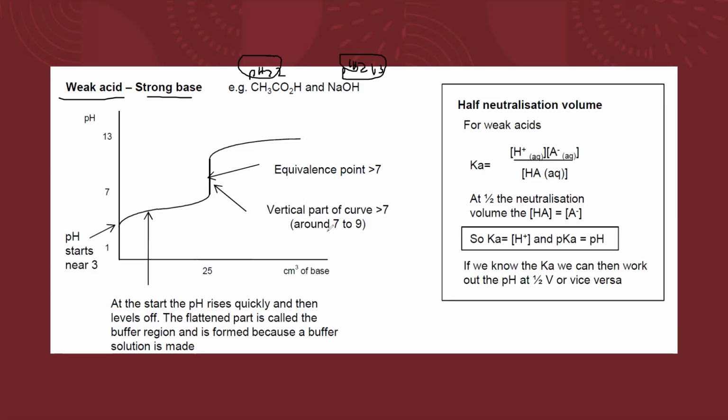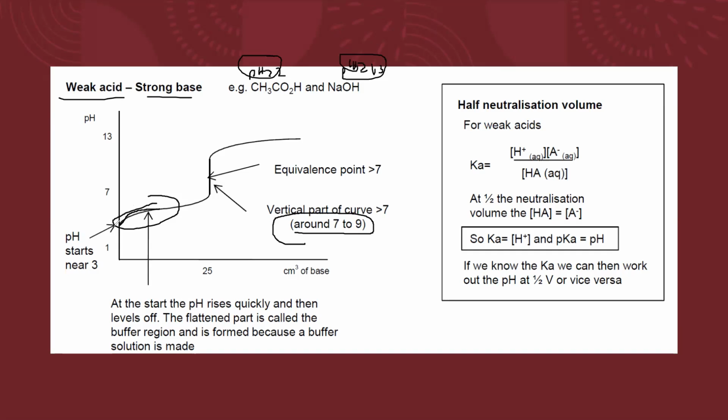And the vertical portion is from 7 to 9, or about 6.8 to 9. So we'll sketch in the same manner. But you can see here, this region is actually a buffer solution.